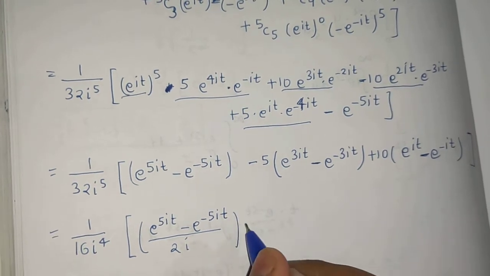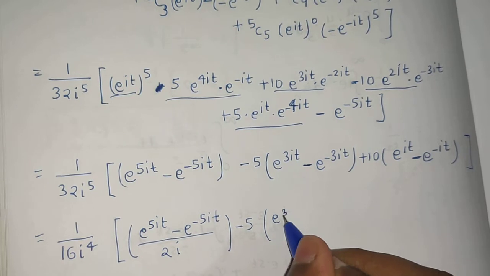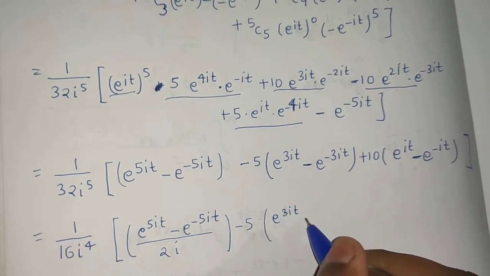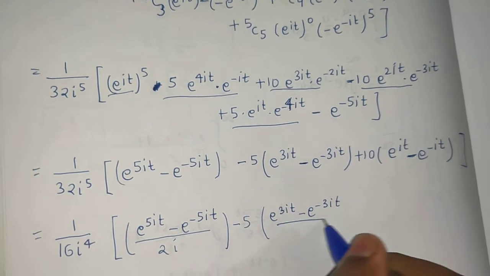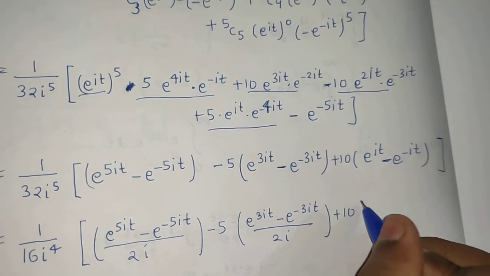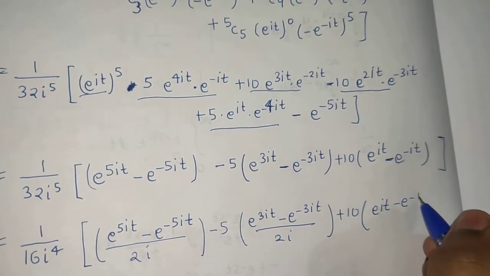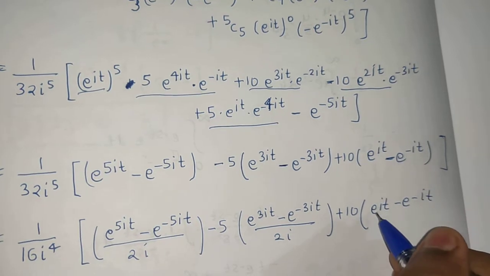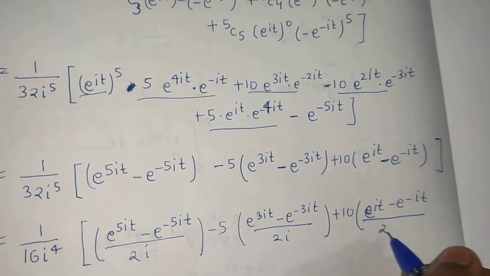This is the first term, minus 5 times e power 3 iota t minus e power minus 3 iota t divided by 2 iota plus 10 times e power iota t minus e power minus iota t divided by 2 iota. This all is in power, take that into consideration.